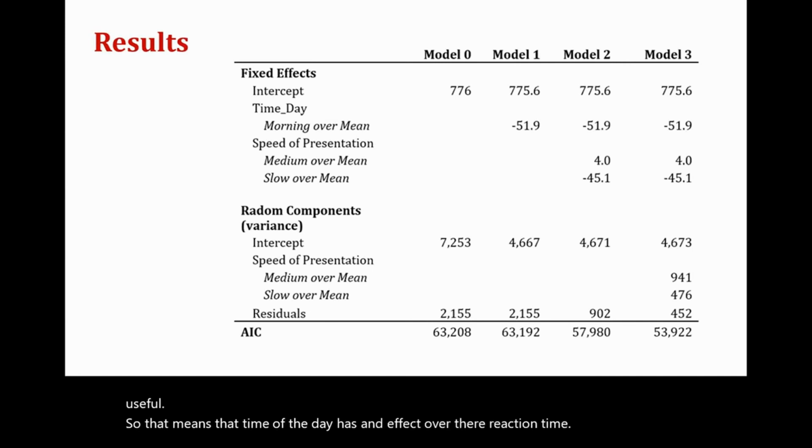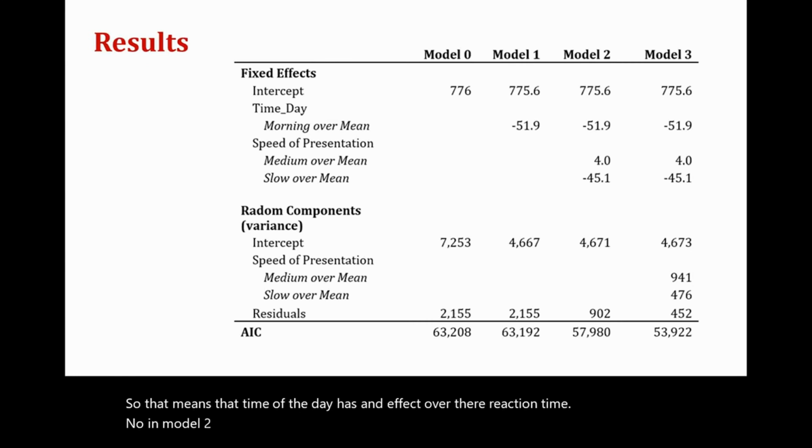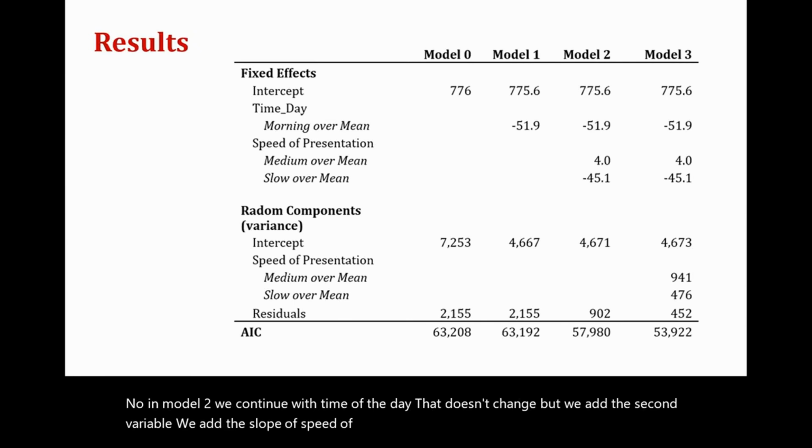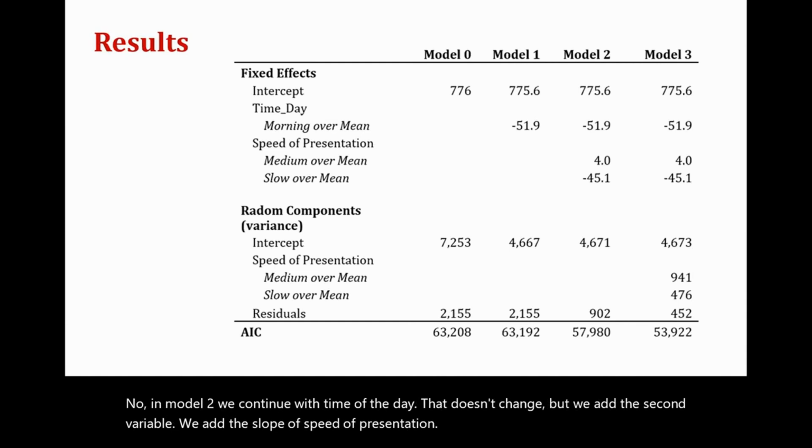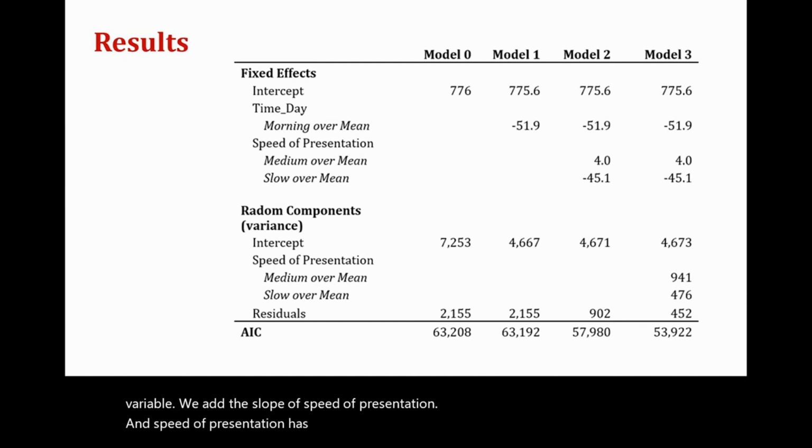Now, in model 2, we continue with time of the day. That doesn't change, but we add the second variable. We add the slope of speed of presentation. And speed of presentation has 3 possibilities: slow, medium, and fast. So we need to create dummy variables like we did when we did a Bayesian ANOVA.